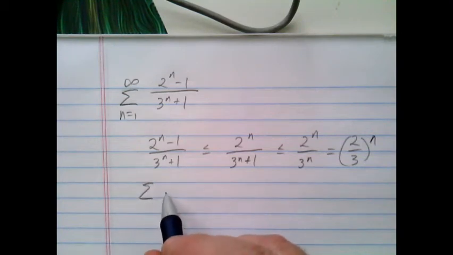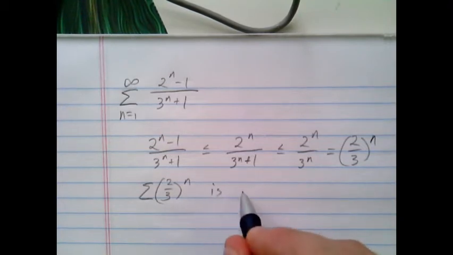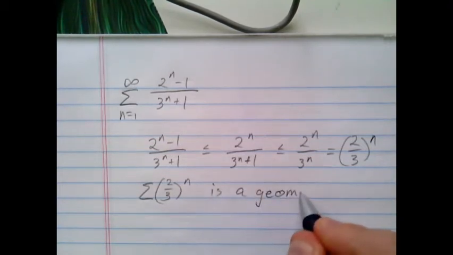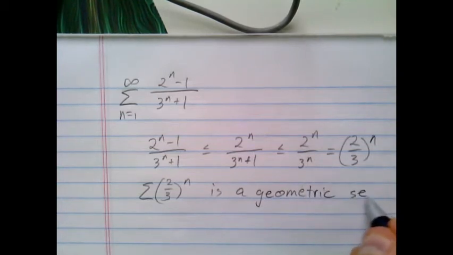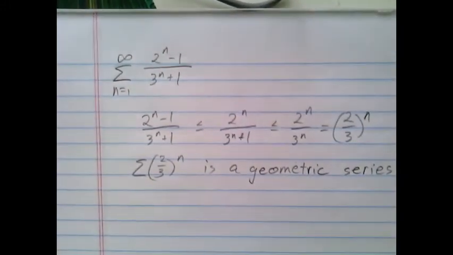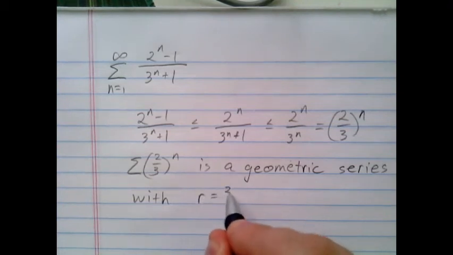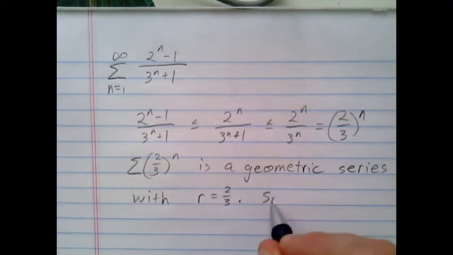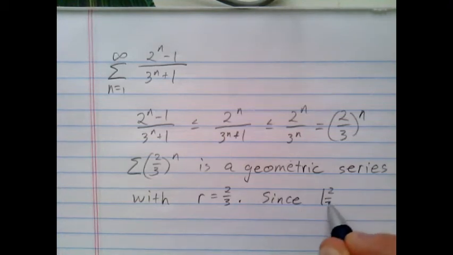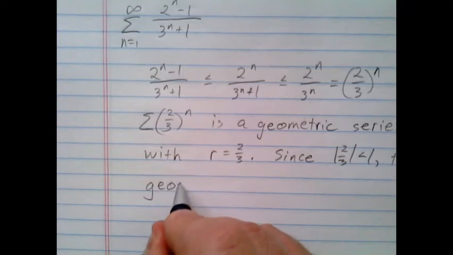Now, the series whose nth term is (2/3) to the n is a geometric series with an r value, r equals 2/3. Now, since the absolute value of 2/3 is less than 1, this geometric series converges.